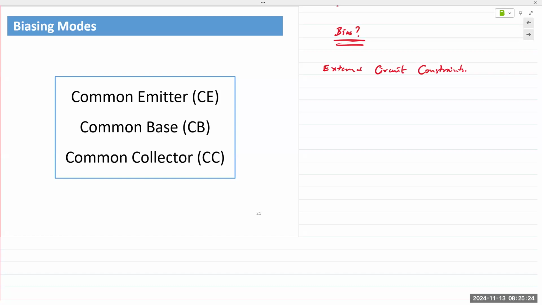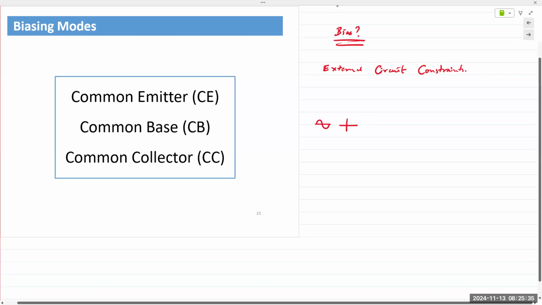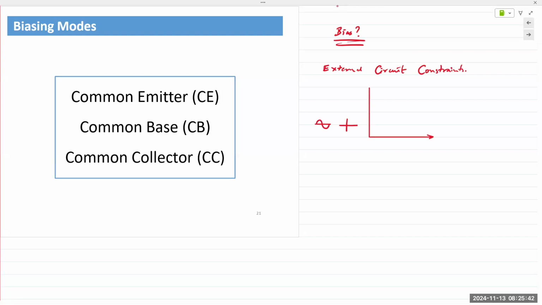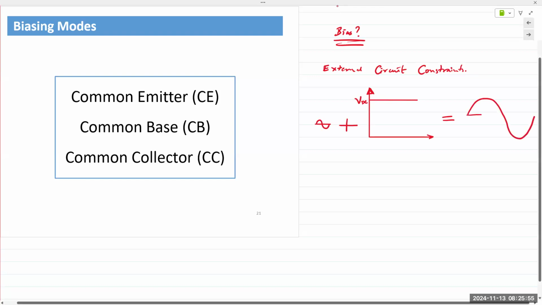The way I like to explain it is you could take a small AC signal, add it to a DC energy source, and the DC energy source could be any value, VDC, and then your output would be an amplified signal.